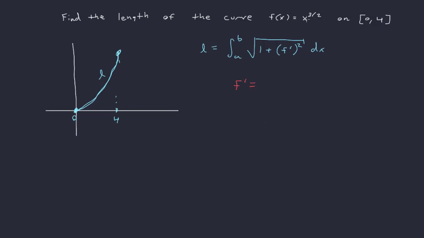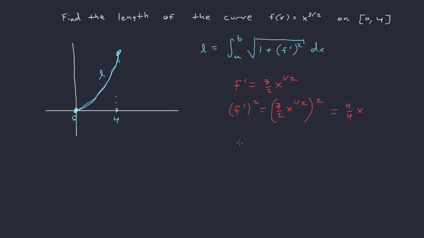So f is x to the 3/2, f prime is 3/2 x to the 1/2. Okay, then we square it. All right, so that's going to be 3/2 squared, so that's 9/4, times x to the 1/2 squared, which will be x. All right, so far so good, I hope.